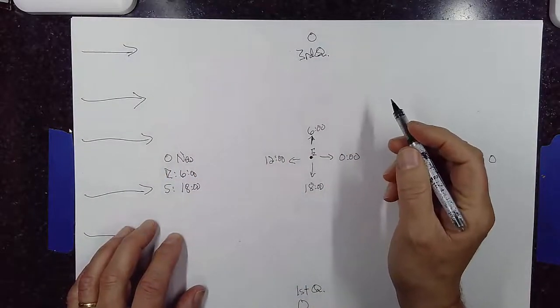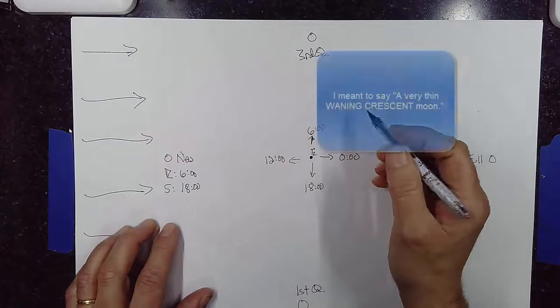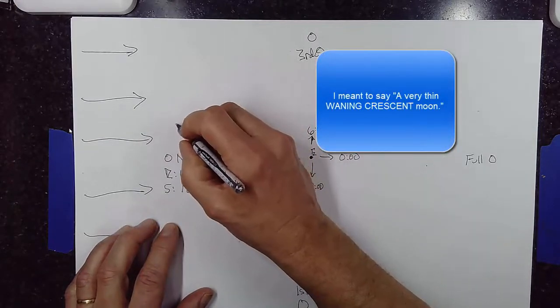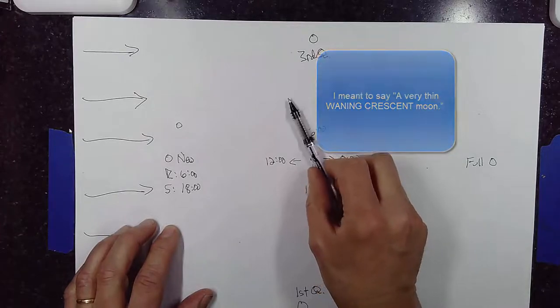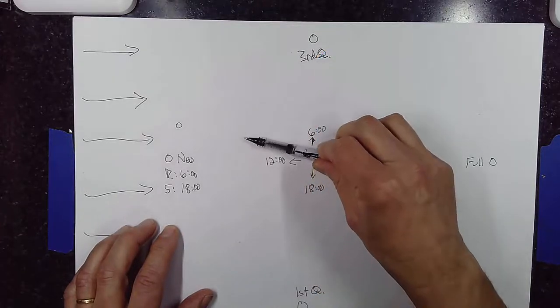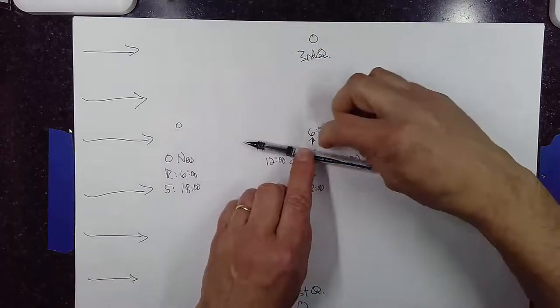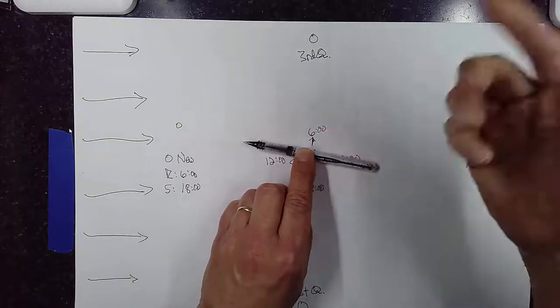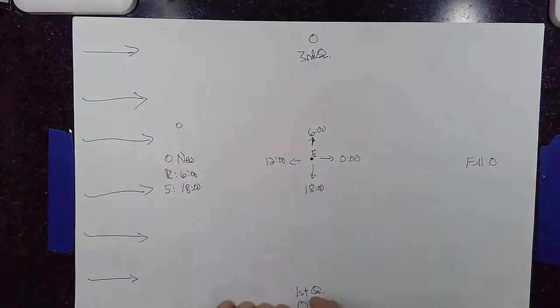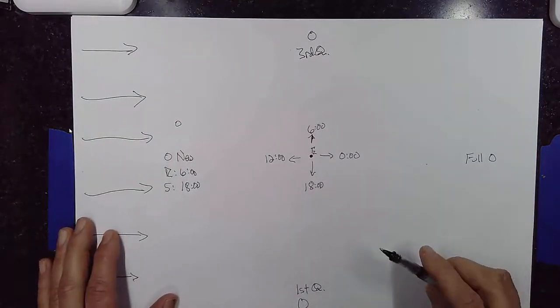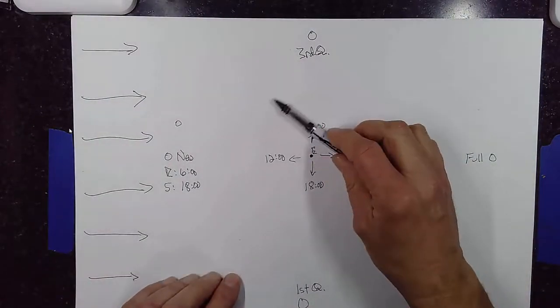Like say it's a very thin third quarter moon. Well, that might put it here or something like that. And so I'd rotate this thing around and I'd be pointing in that direction, and I'd think, just short of 6, maybe 5 a.m., something like that. But let me figure out these other quarter cycles first, and then we can kind of go from there.